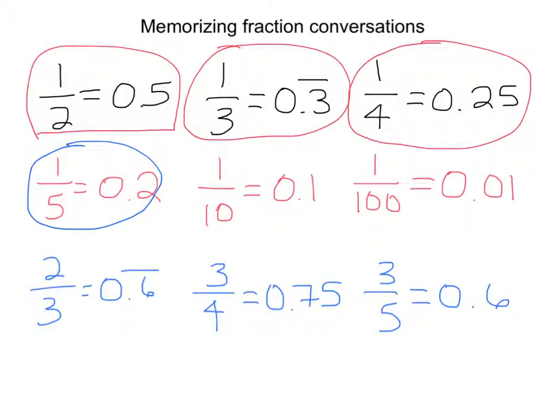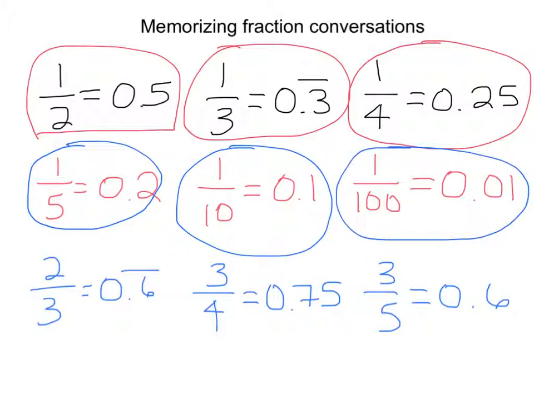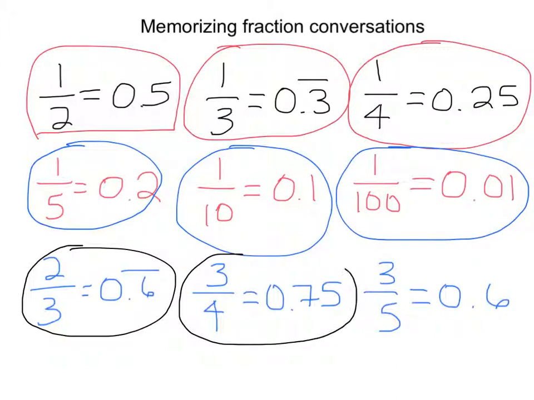We have 1/10, which is written just as a tenth, so 0.1, and 1/100th, which is also read as 0.01. We have 2/3, which is 0.6666 or 0.6 repeating. 3/4 is 0.75 or 75 cents. And 3/5 is 0.6.